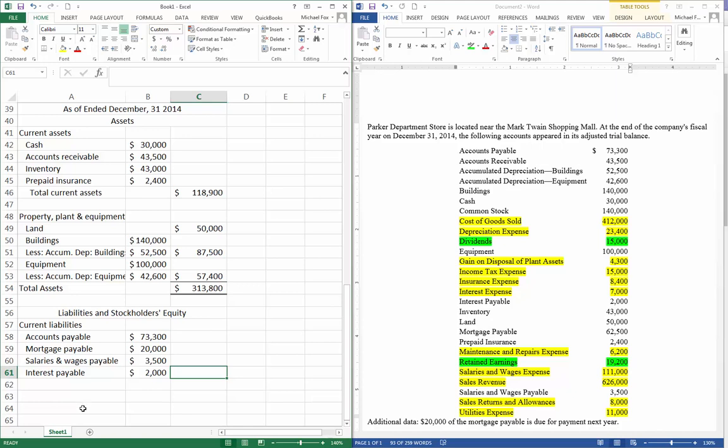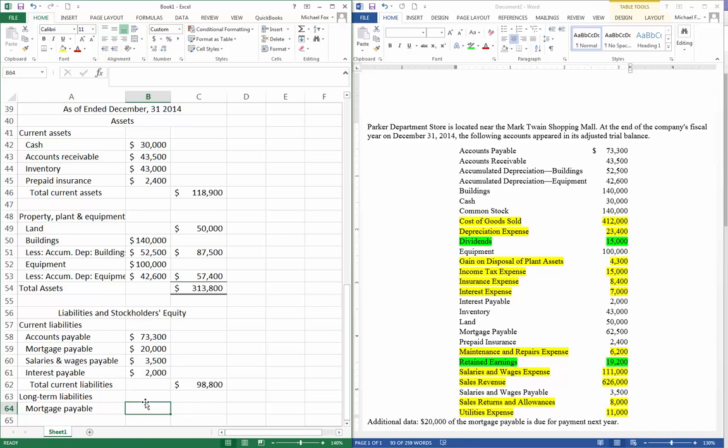All right, liabilities and stockholders' equity. Okay, so this is my total current liabilities, which will be the sum of all of my current liabilities. Then I'll have my long-term liabilities. That will include the mortgage payable. Now this is interesting, right? Because we have $62,500 in mortgage payable here, but we included $20,000 of that in our current liabilities.